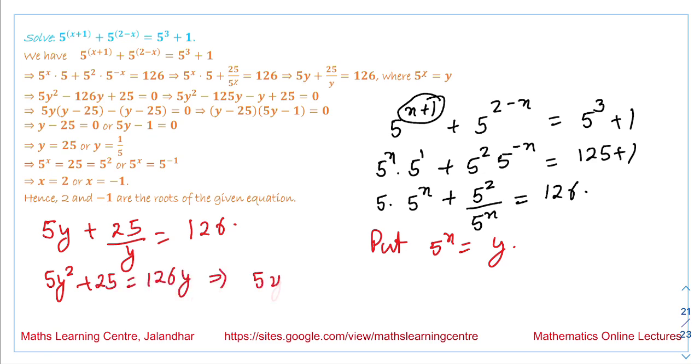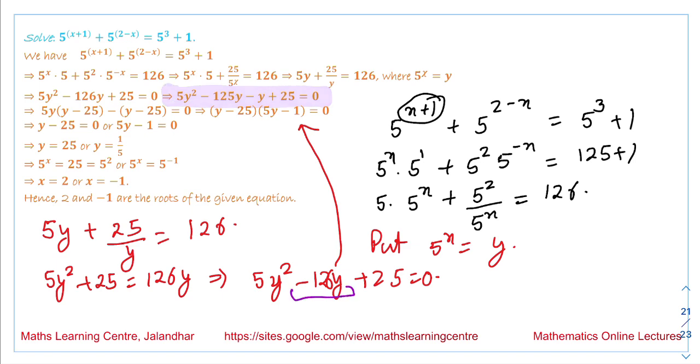This gives us 5y square minus 126y plus 25 equal to 0. On splitting the middle term, we can split 126 as 125y plus y. On taking the terms common, this is factored as y minus 25 into 5y minus 1 is 0.